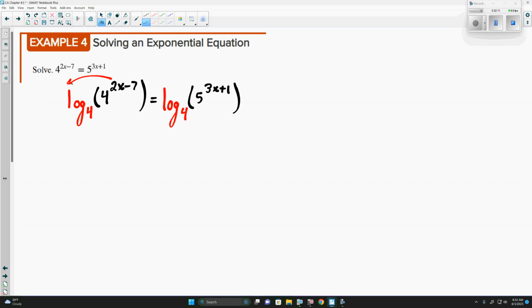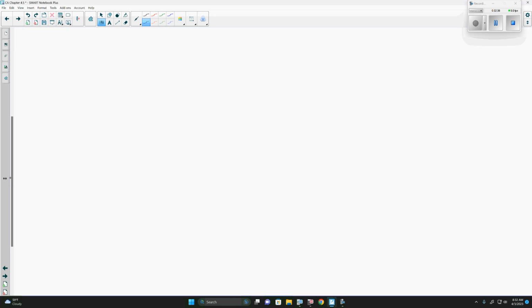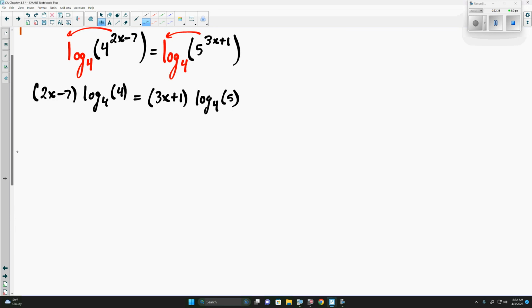The first main step, in that we're bringing the exponent out front, is still true, as we did with natural logs. Here we get 2x minus 7 times log base 4 of 4 is equal to 3x plus 1 times log base 4 of 5. Well, if we look on the left-hand side, here we have log base 4 of 4.